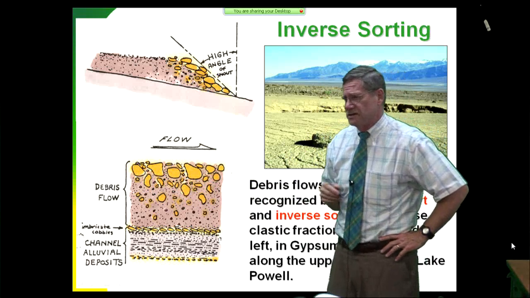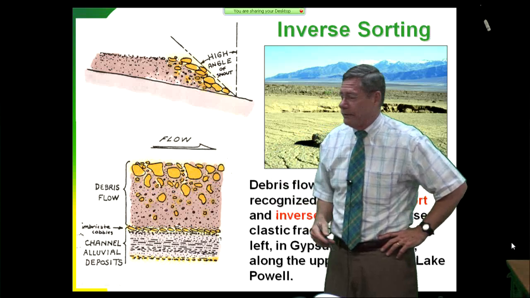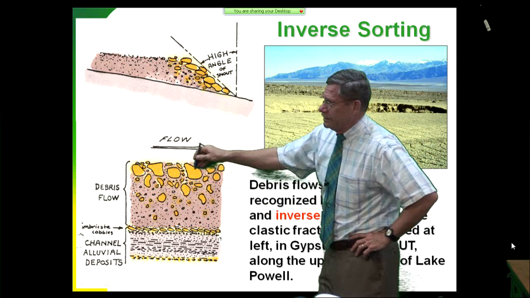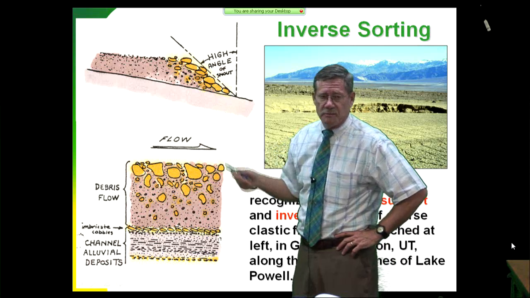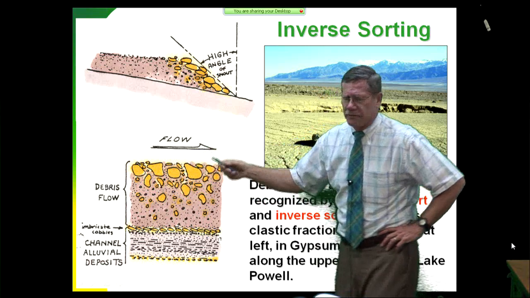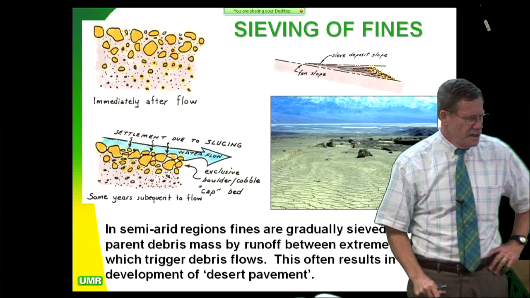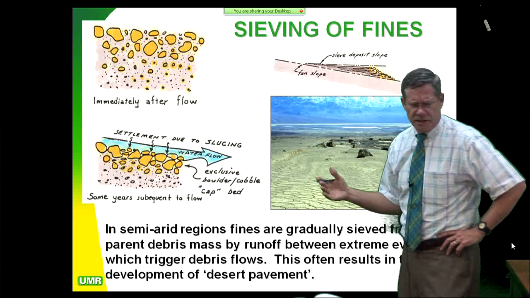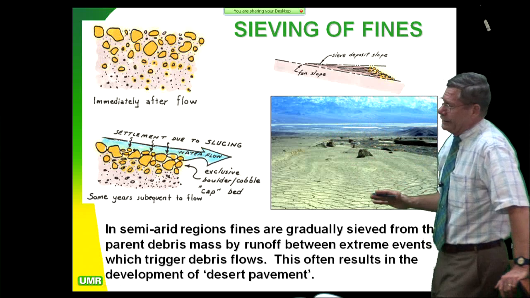That slurry is closer to 90. It's like wet concrete coming down. And so this boulder doesn't weigh anything close to its dry weight. It may weigh 10 or 20% of its dry weight. So it just gets picked up and lifted up through uplift. It's just effective stress.